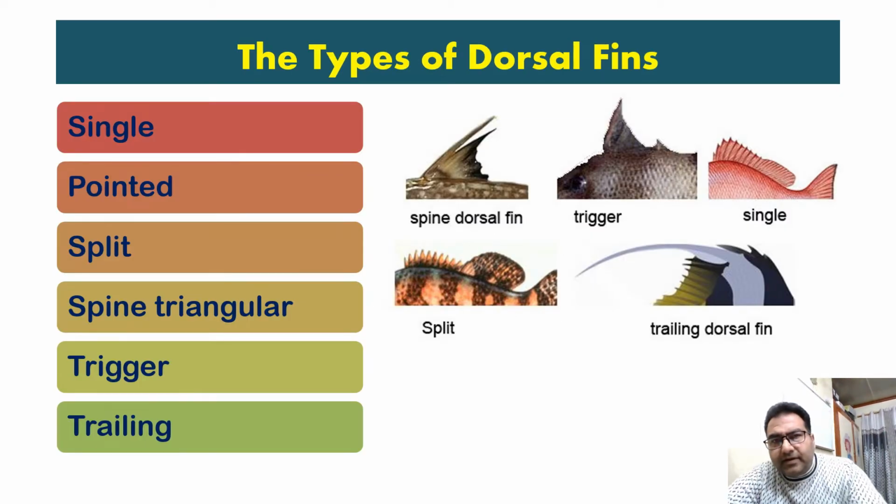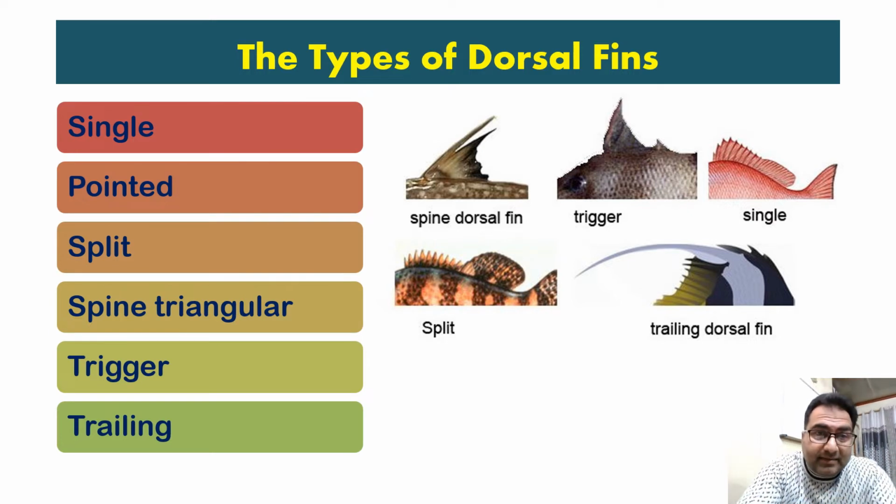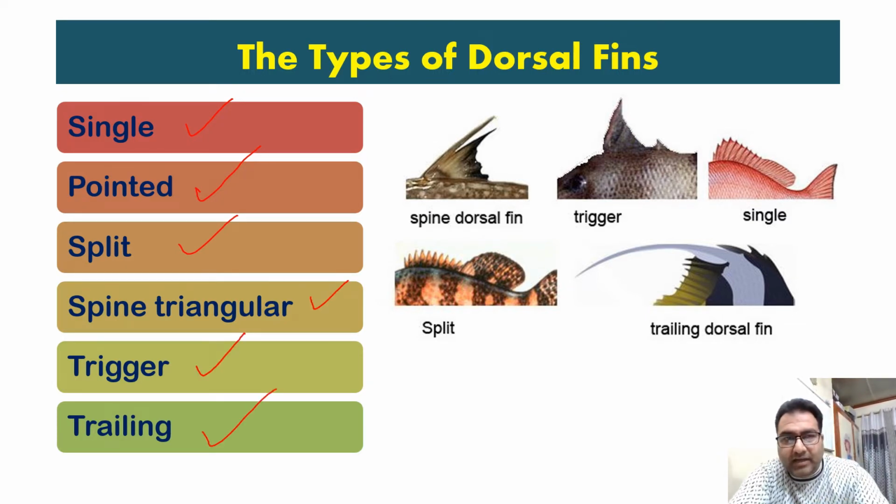Now, what are the different types of dorsal fins? They can be single, pointed, split, spine triangular, trigger shaped, or trailing type. If they have only one dorsal fin, we call it single, and if it is pointed, we call it the pointed one.